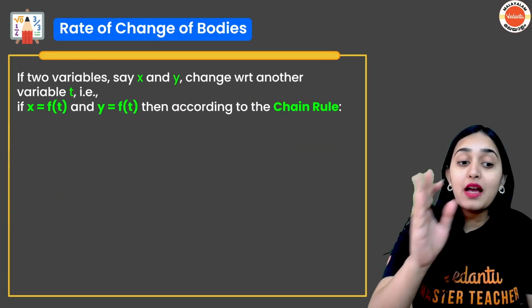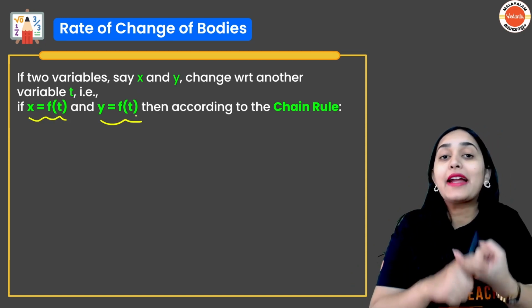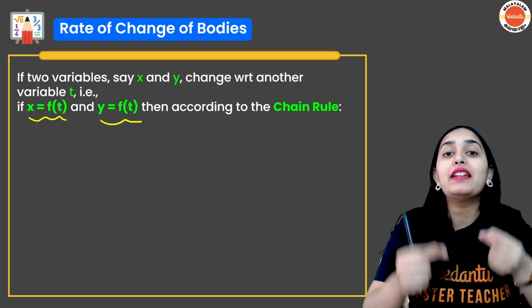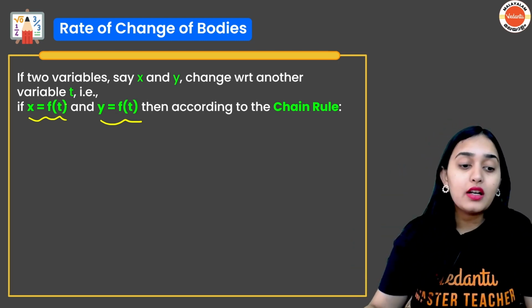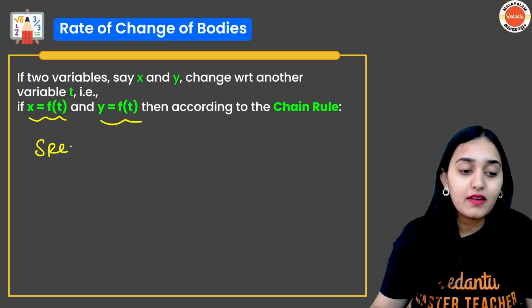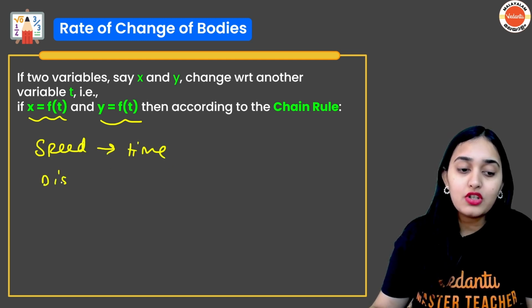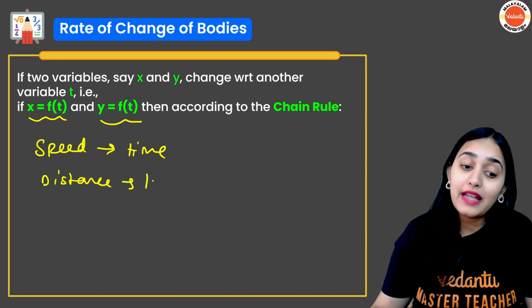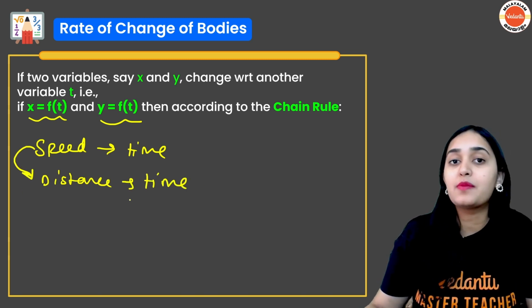Now sometimes your functions may not be directly linked, they might be indirectly linked. Suppose your speed is related to time and distance is also changing with respect to time. Now you want to find out how speed is changing with respect to distance.